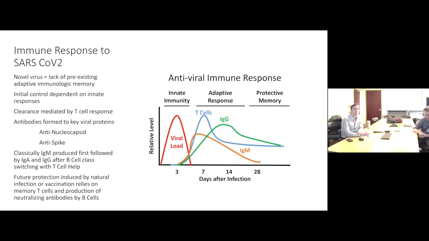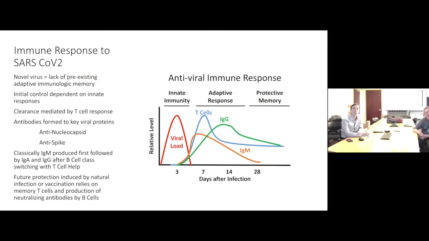Viral clearance is ultimately mediated by CD8 T cells, and antibodies are formed in the collaboration of B cells and appropriate help from helper T cells. We can form and detect antibodies to the major structural proteins of the virus, primarily the nucleocapsid and spike proteins. In a primary viral infection, we typically see the accumulation of IgM, and as class switching occurs with T cell help, we see accumulation of IgG, which we hope persists and continues to provide prevention of infecting additional cells.